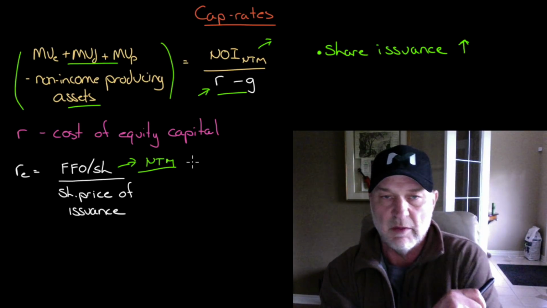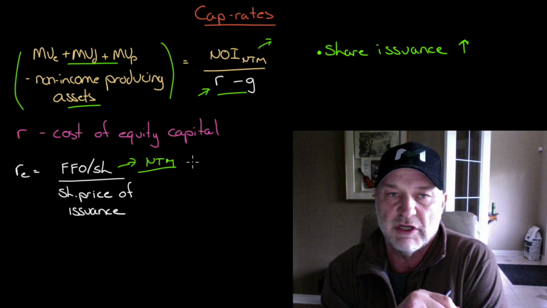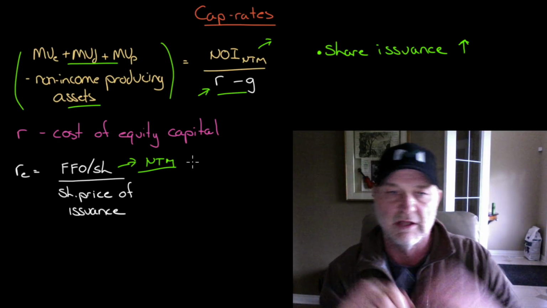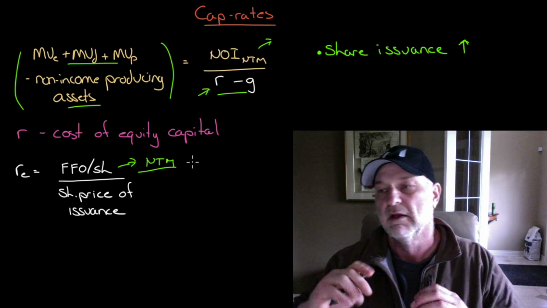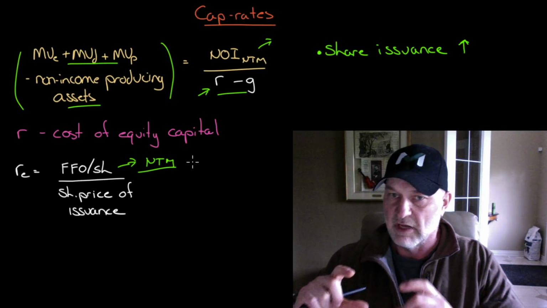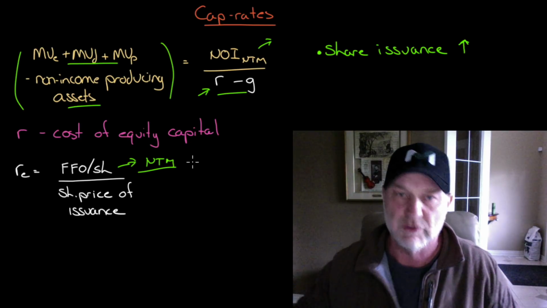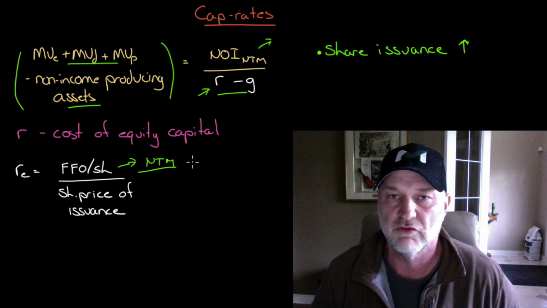Sometimes when a company does a share issuance, they'll tell you what the share issuance is for. They'll say this is to buy a particular property, which will be financed so much with equity, so much with debt. And sometimes they'll also tell you it is accretive to funds from operations by this much per share. They'll tell you what the accretion is.